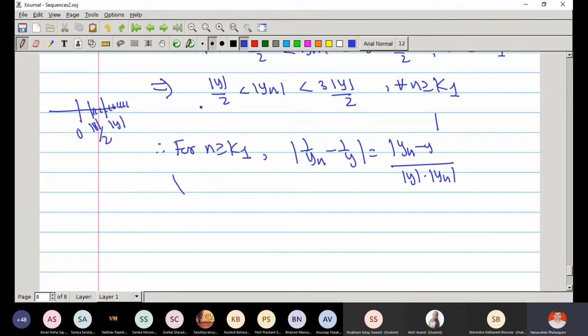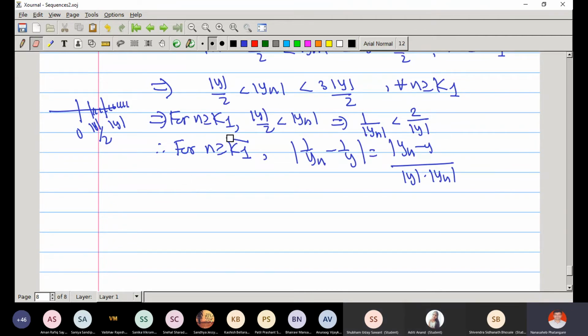After k1 all yn are greater equal y by 2. Therefore, for n greater equal k1, absolute value of y by 2 is less than absolute value of yn. What does it mean? 1 by absolute value of yn would be less than 2 upon absolute value of y. Correct? Yes, sir. Right.